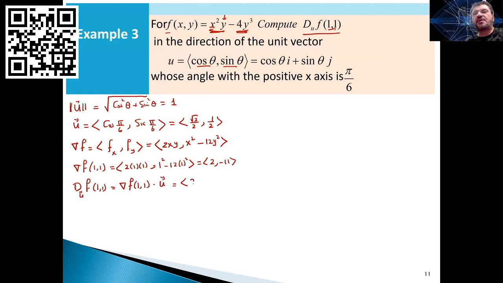The gradient, we found it 2 and negative 11, dot u here is root 3 over 2 and half. Let's multiply, guys. How do you multiply? The first by the first. So 2 times root 3 over 2 is root 3. And minus 11 times this is minus 11 over 2. This is exactly what you have for the directional derivative.